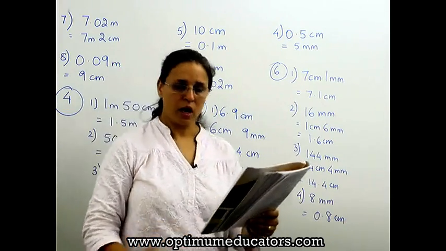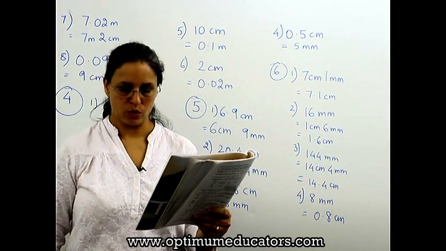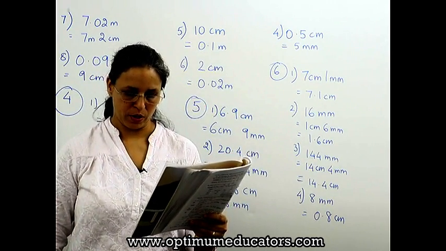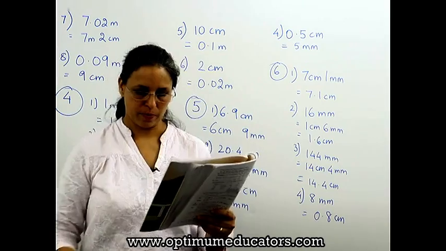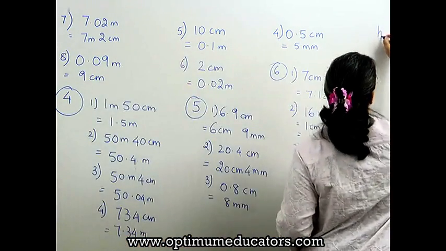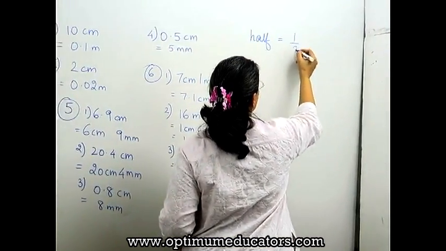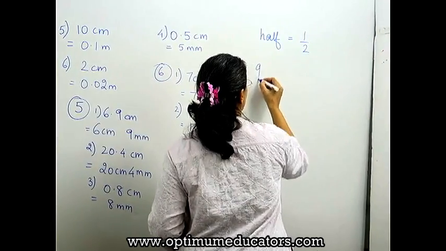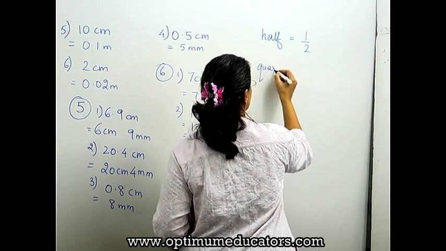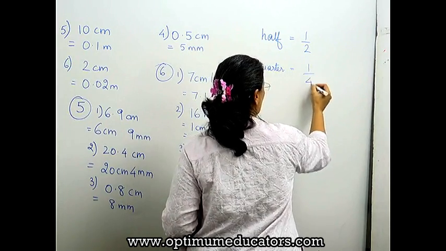Now, writing half, quarter and 3/4 and 1 1/4 in decimal form. Now, how will you write this? Normally, how do we write half? We write it as 1/2. How do we write quarter? We write it as 1/4.